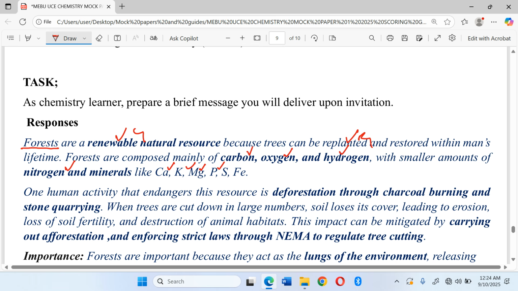So you can see we have a number of compositions of forest, and when you give more than 3 of these very well, with the reason and also the category, that will give you all the 6.